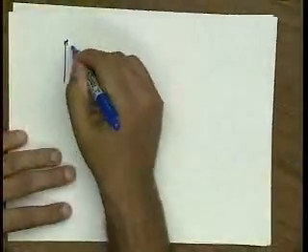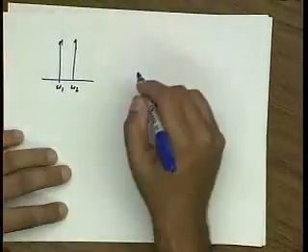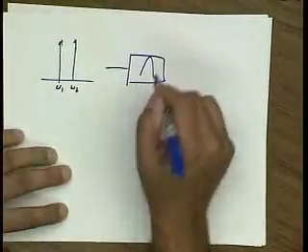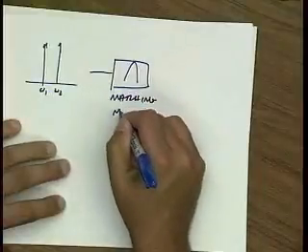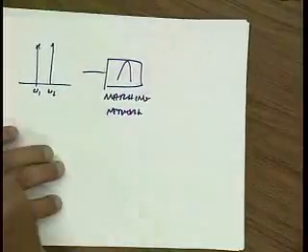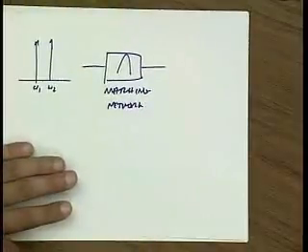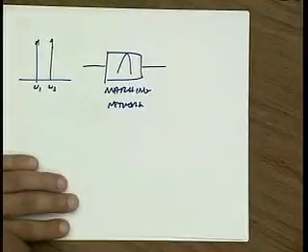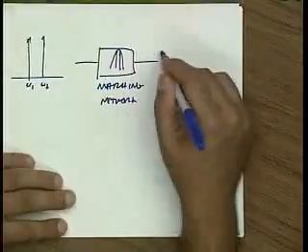Let me just draw a picture for that. So if I have a two-tone, omega 1, omega 2, very close together, and I have basically a matching network, right? Well, we learned in this class that a matching network is just a resonant circuit. So it has some quality factor, it has some passband, and these two tones are going to fall into the passband of this matching network.